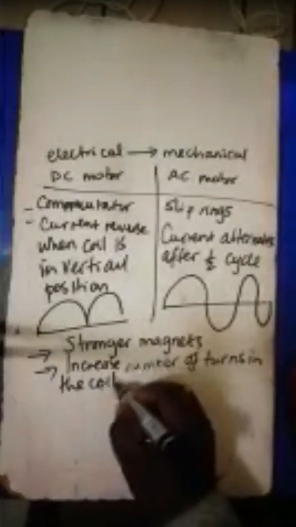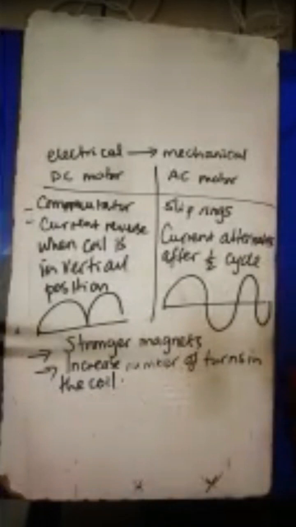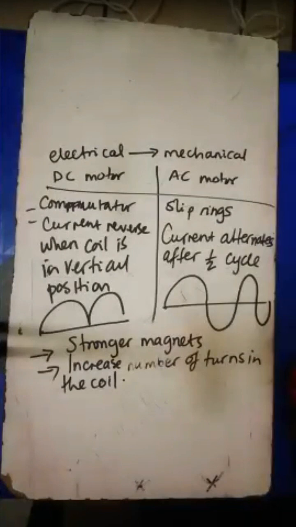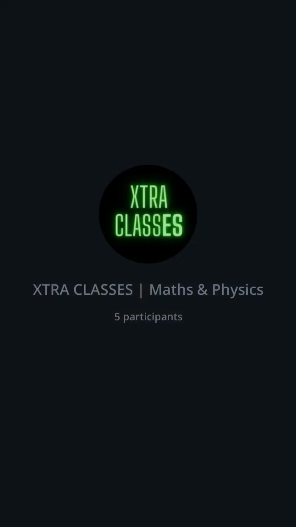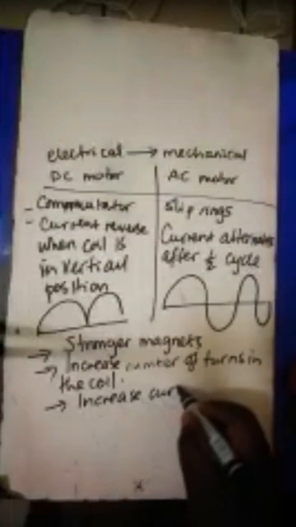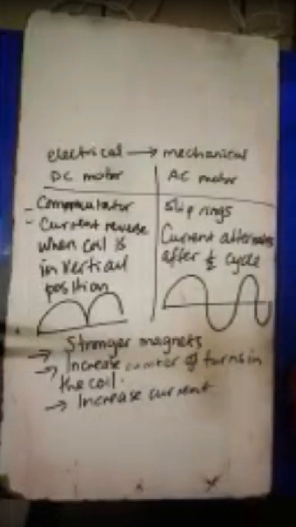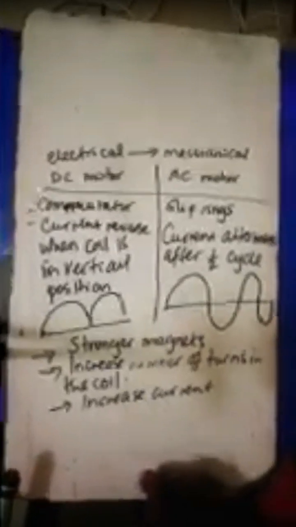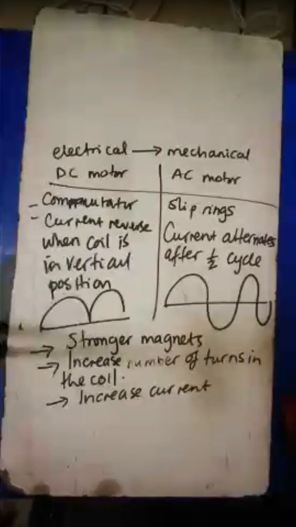You also improve efficiency by increasing the number of turns in the coil. You can also increase the current, then you are increasing the efficiency of the motor. So in the exam, we expect you to know at least two ways. Efficiency means the operational aspect of the motor.